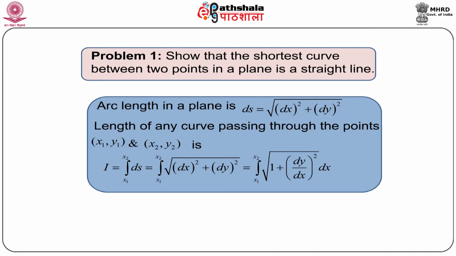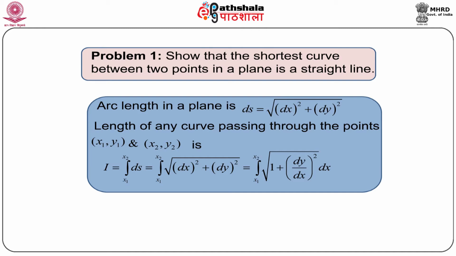The total length of any curve passing through the points (x1, y1) and (x2, y2) is given by capital I equal to integration from x1 to x2 of ds. If we put the value of ds, then we get integration over x1 to x2 of square root of dx square plus dy square. After dividing by dx square, we get the result which has been written on the right hand side.